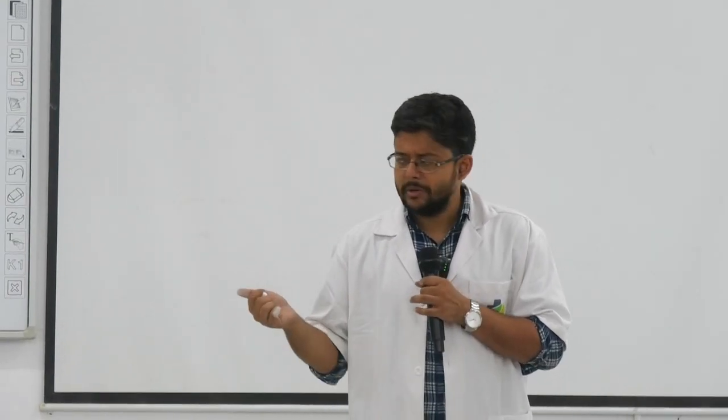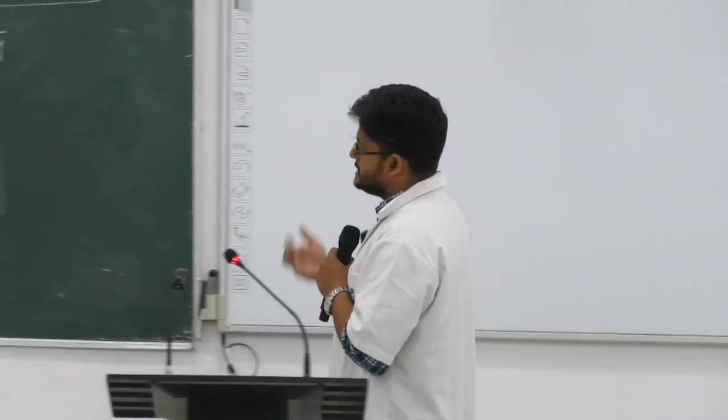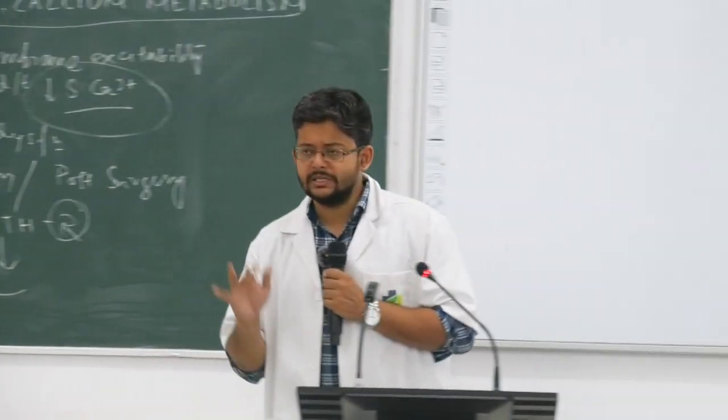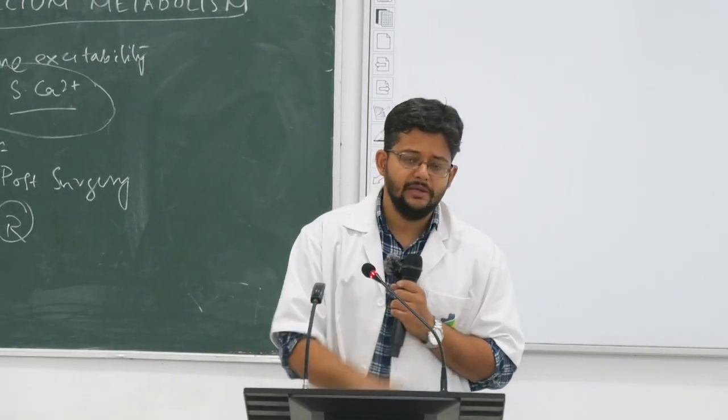However, these things are quite rare and more or less theoretical rather than something we find day in and day out. So the most common cause is parathyroid deficiency and the second is alkalosis. These are the conditions which are associated with tetany.